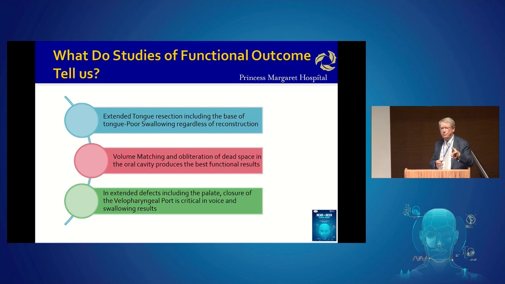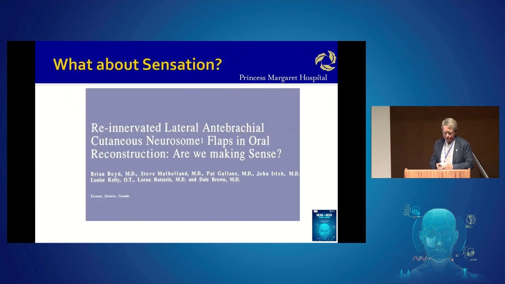So thin, small flaps on big defects don't work. And in extended defects that extend into the oropharynx, where part of the palate is resected, very important to recreate the velopharyngeal port to get the best speech and swallowing results.